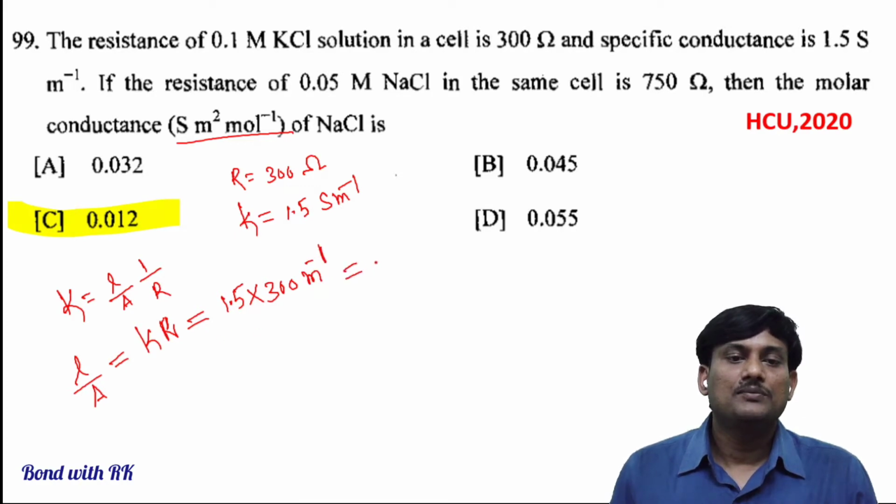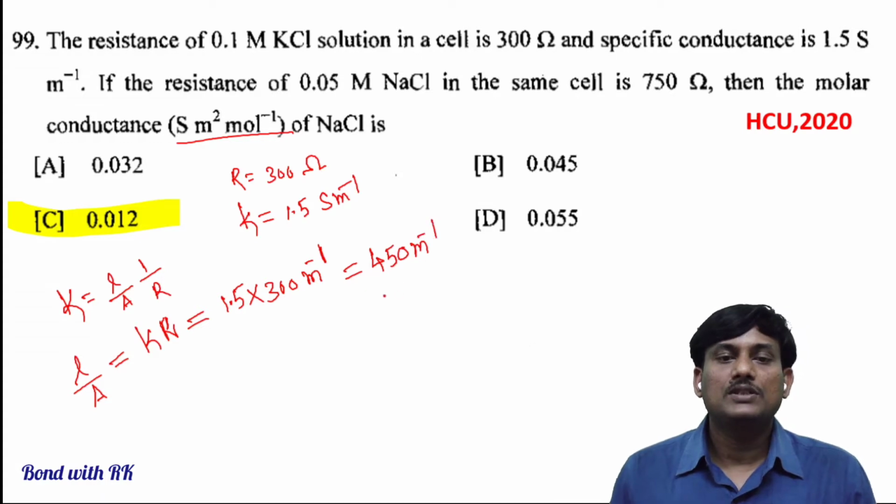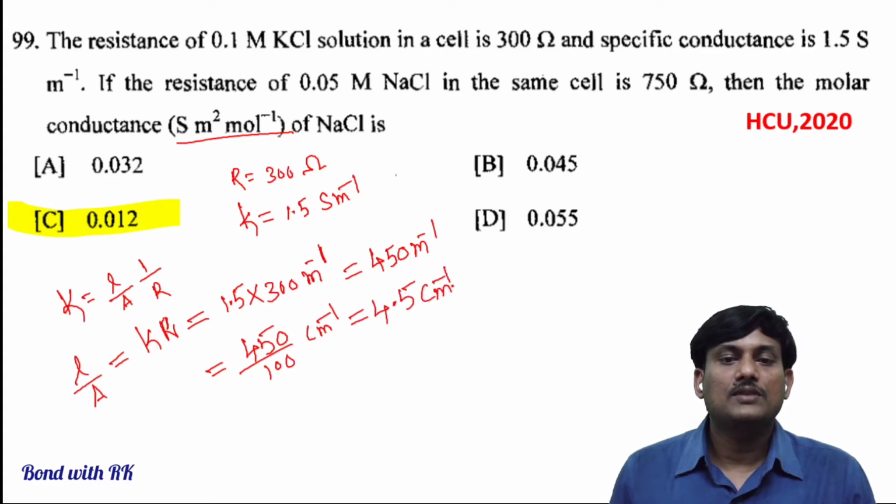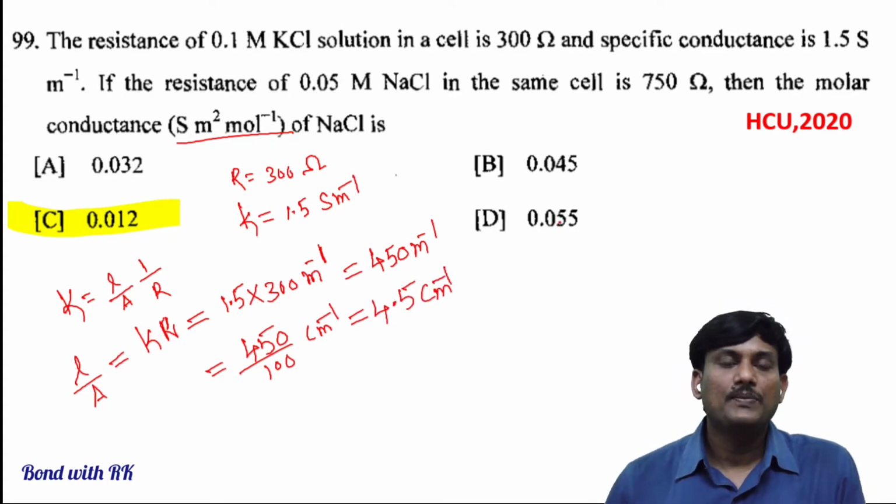So it will be around 450 meter inverse. When you convert into centimeter inverse, you have to divide by 100, so you will get 4.5 centimeter inverse. This is the cell constant.